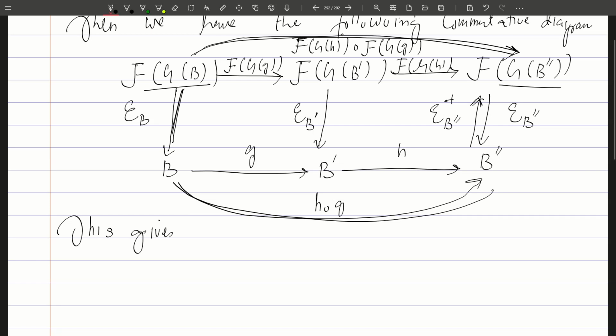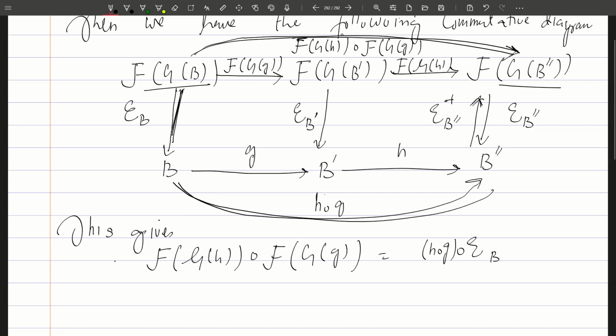So this gives F of G of h composite F of G of g is the same as first go via epsilon b, followed by h composite g, followed by epsilon b double prime inverse.